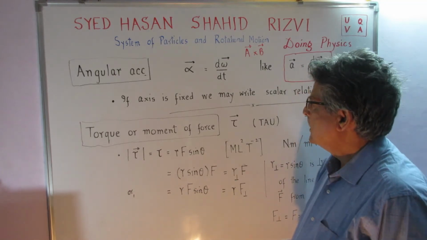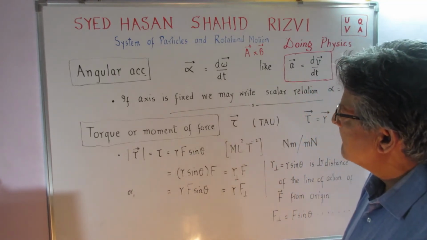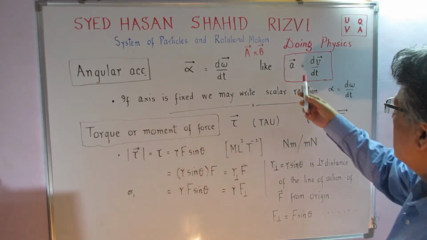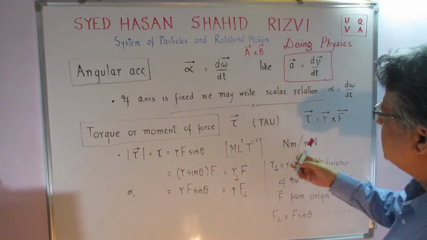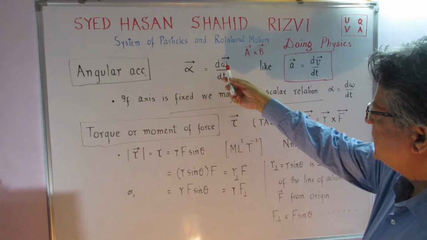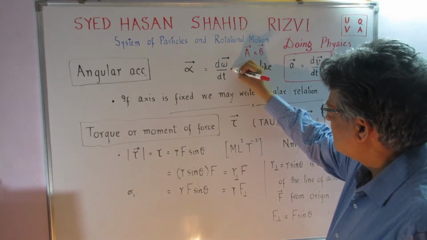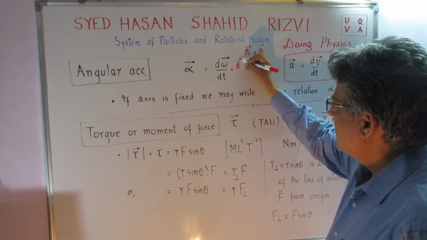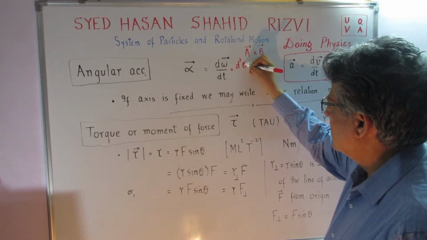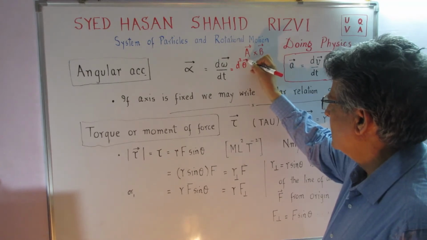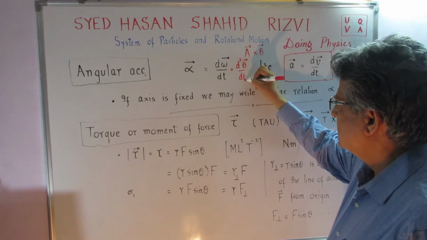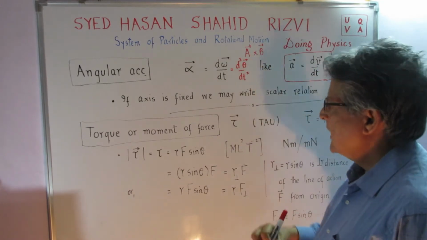And so we define, like a is equal to dv/dt, we define d/dt of omega, which I can also write because omega is d theta/dt, so I can write this as d²theta/dt², etc.